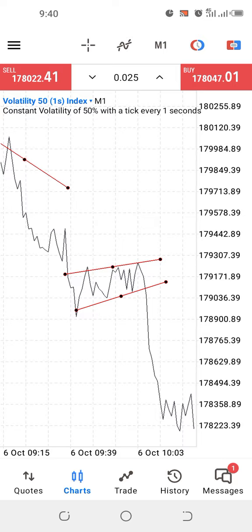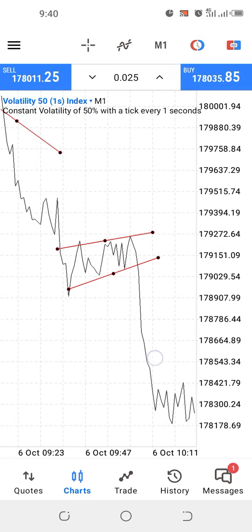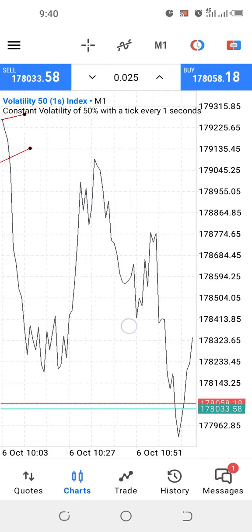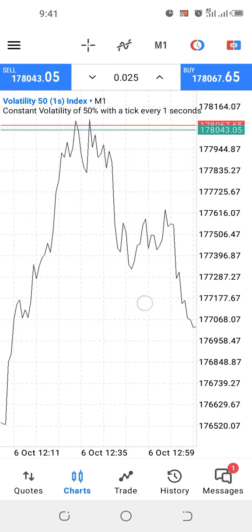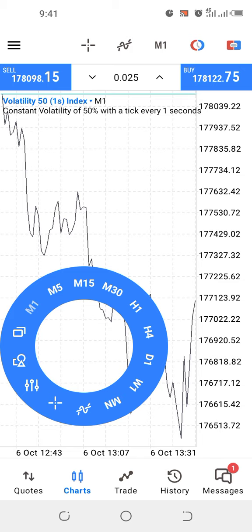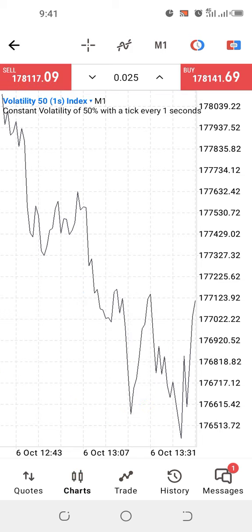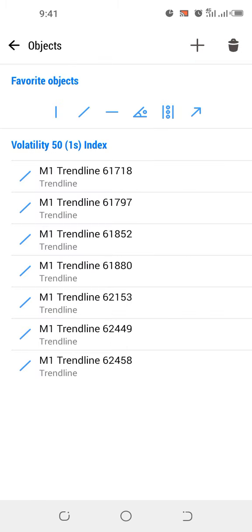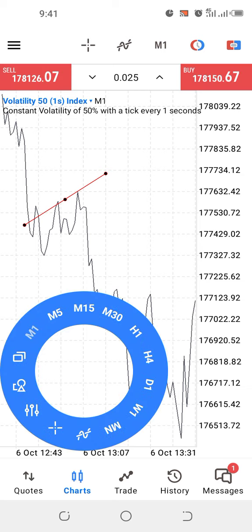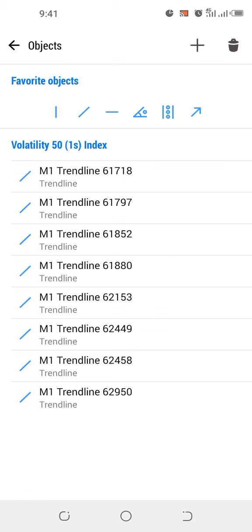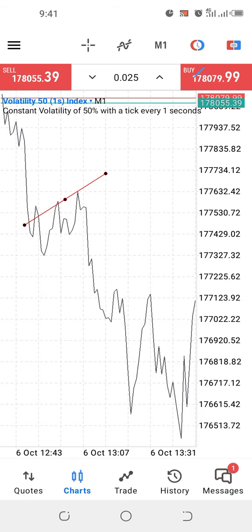You can also analyze support and resistance lines in the form of channels. So you can take the resistance line as the upper channel, and then the support lines as the lower channel.